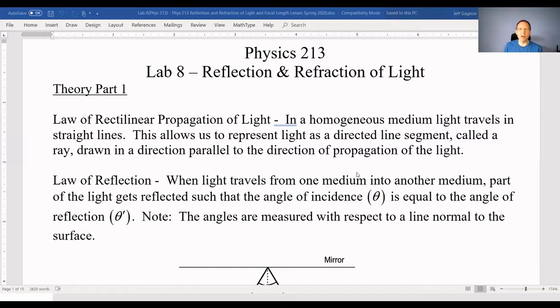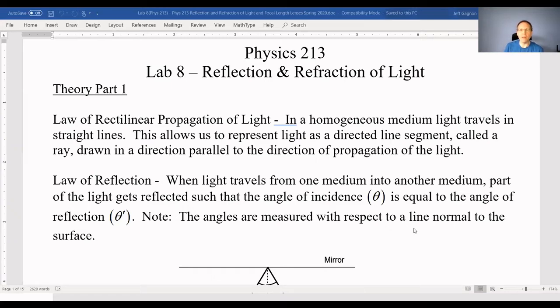There's something called the law of the rectilinear propagation of light, which you can think of as light traveling, or you can model it as traveling, in a straight line through some medium. So if it's traveling through air or water or glass, you can model it as a ray traveling in a straight line.